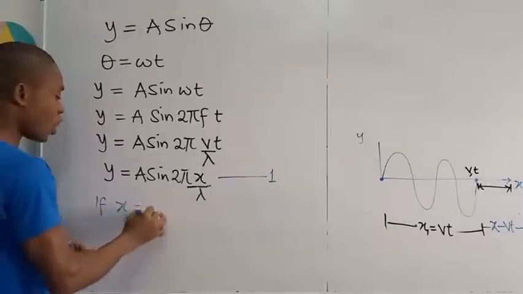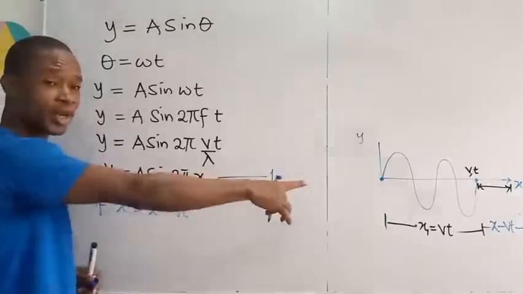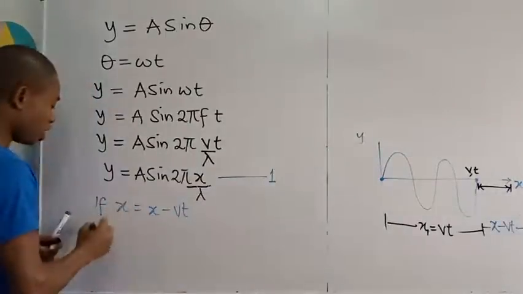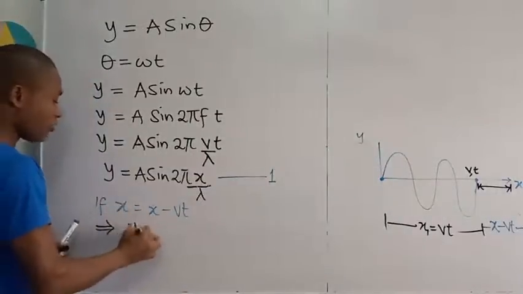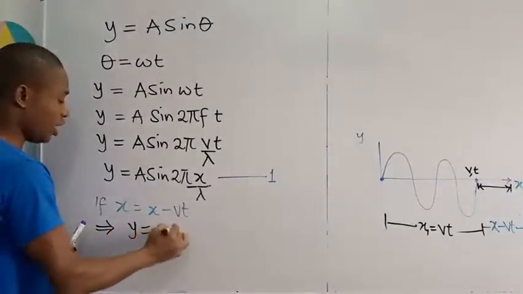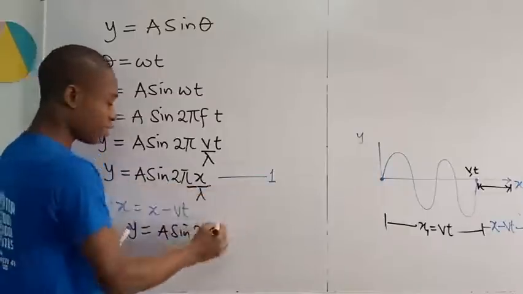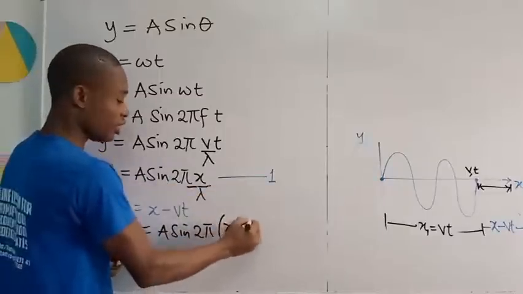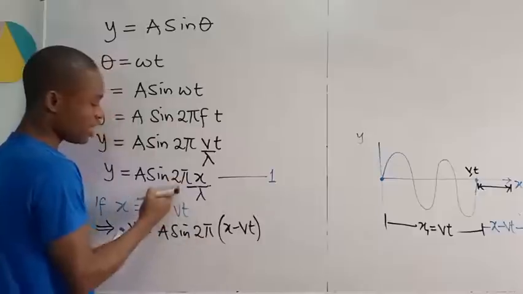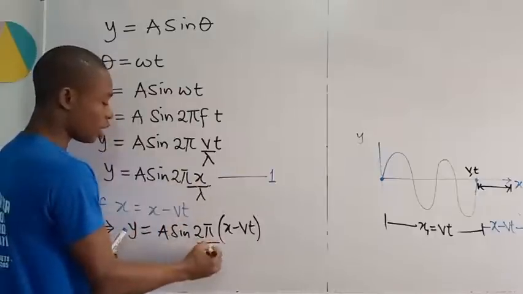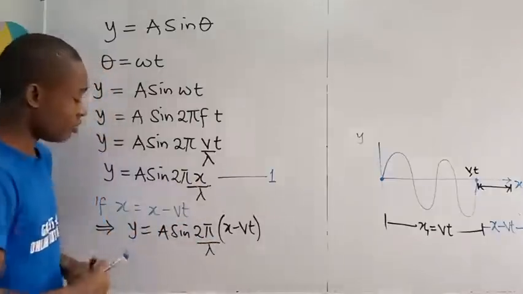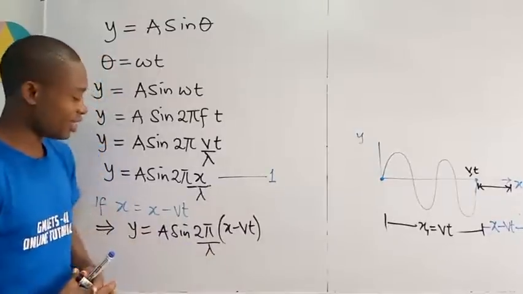If x is equal to x minus Vt, I explained that there already. The implication is that our progressive wave equation y is going to be a sine 2 pi. Then in place of x, I will fix x minus Vt. Of course, you know that originally this 2 pi x is divided by what? Lambda. So this is going to be divided by lambda, the wavelength.